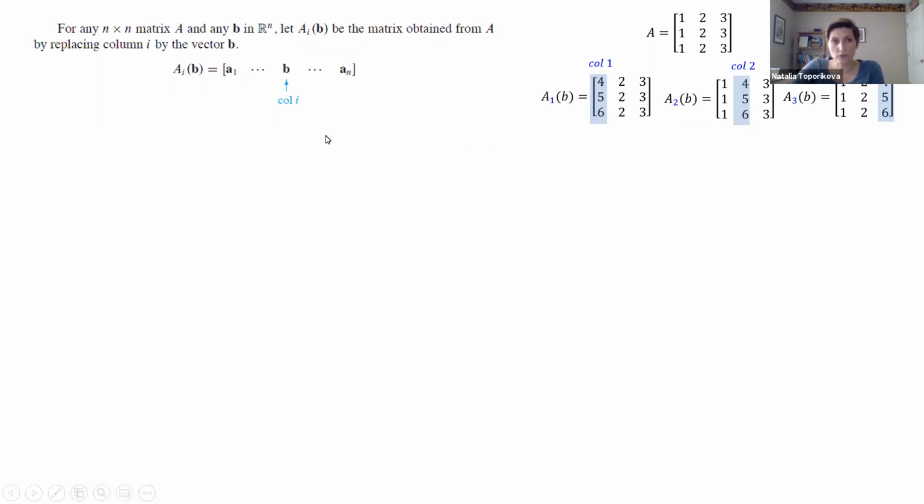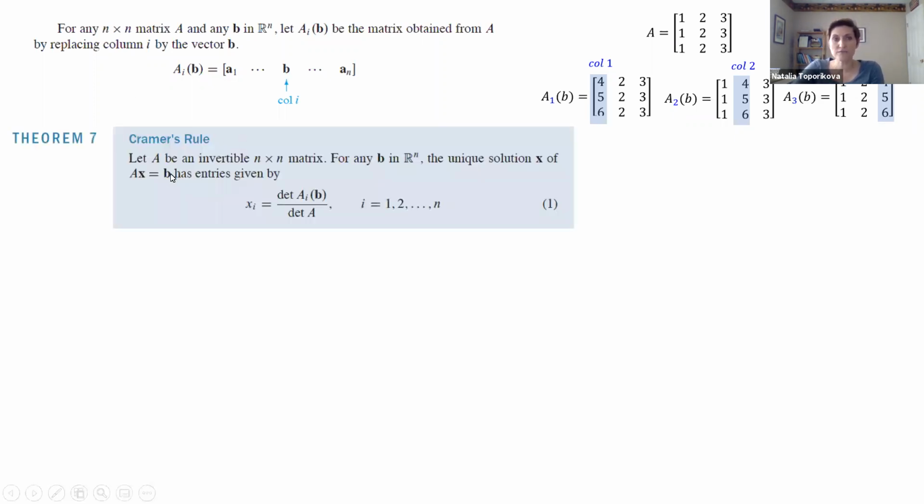You're probably wondering, why do we need such a strange procedure? Why would I want to substitute random vectors inside the matrix? The reason is that this kind of substitution gives us a pretty cool way to solve a linear equation.